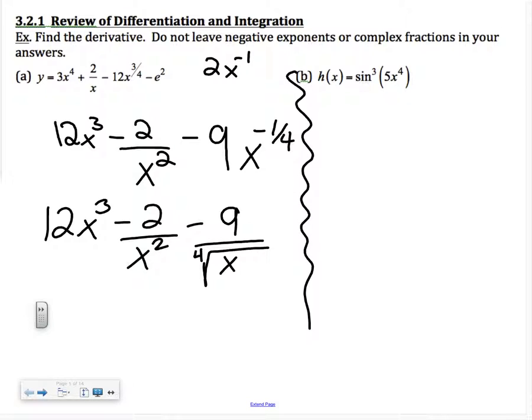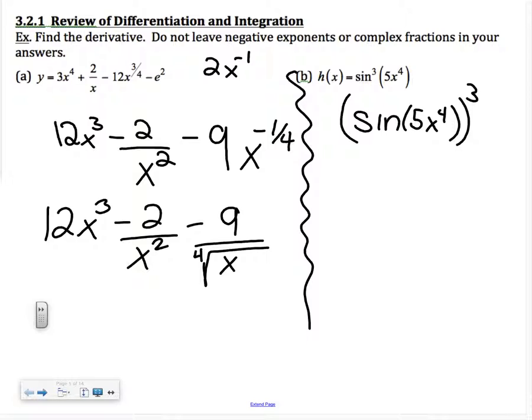Okay. The second example is just a chain rule problem. I really moved the cube out to the outside, so I remember that to do that. That's really the outside. So I'm going to rewrite it as sine of 5x to the 4th, and that's, of course, raised to the 3rd power. So the derivative of the outside has got 3 layers.